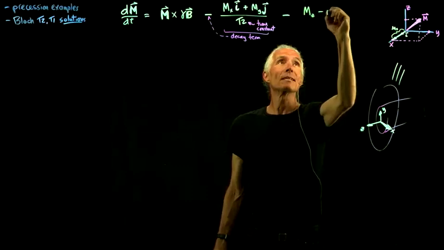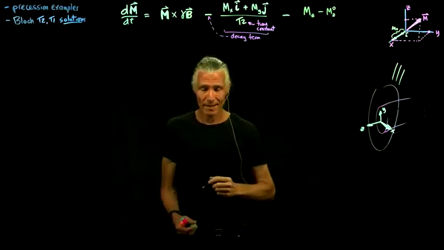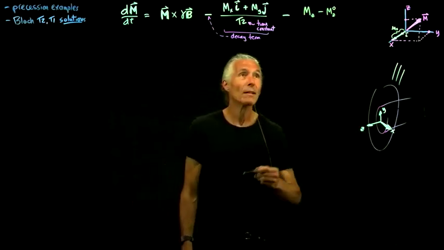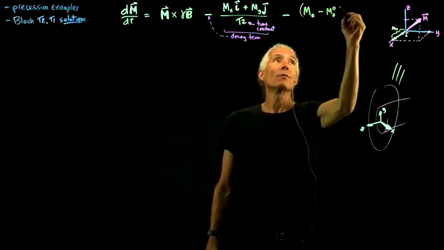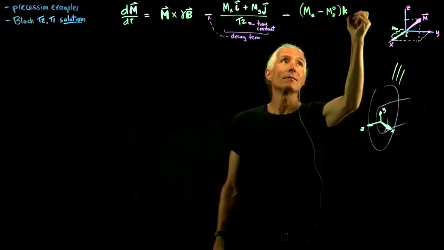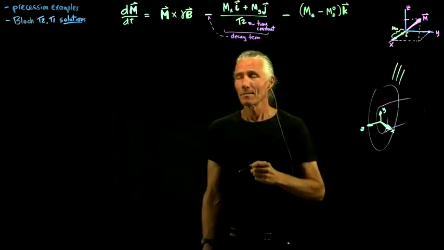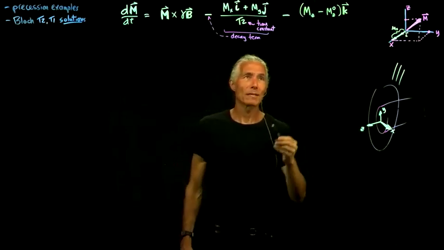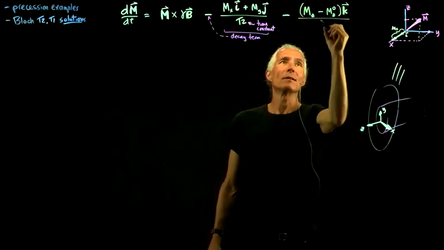And then minus this thing, mz0. And that's a new thing. That guy's a constant. And that whole thing is multiplied by the k unit vector, which is a vector of length 1 going in the z direction, divided by T1.